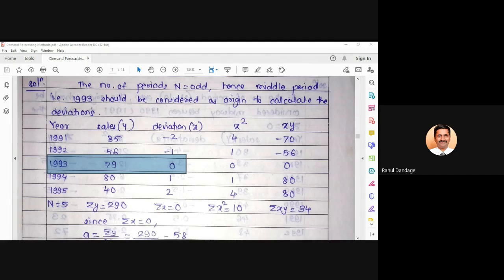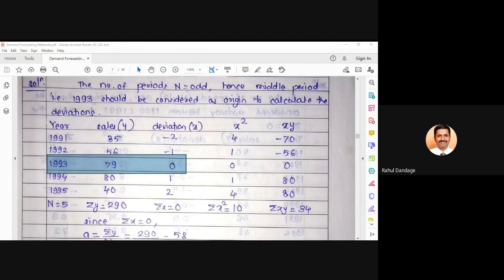So we are taking into account the deviations in such a way that the summation of X should come out to be 0. That is our intent. Why are we taking this middle value equal to 0? Because we want to ensure that summation X is equal to 0.